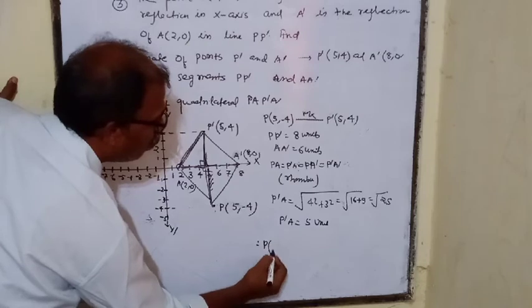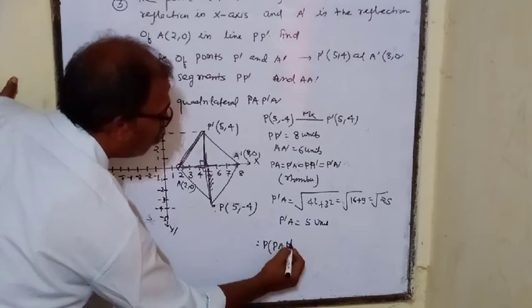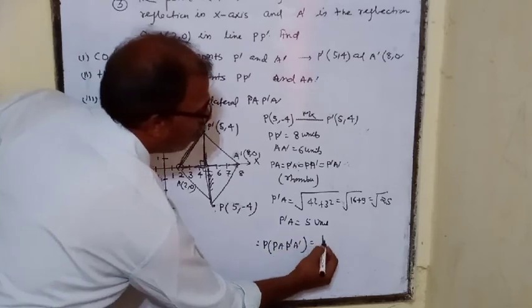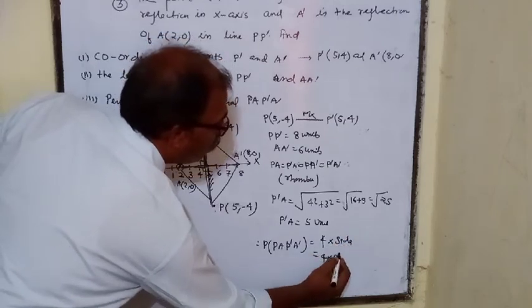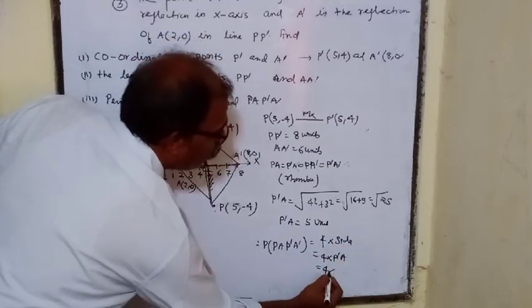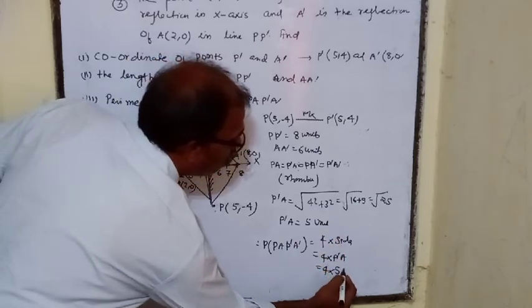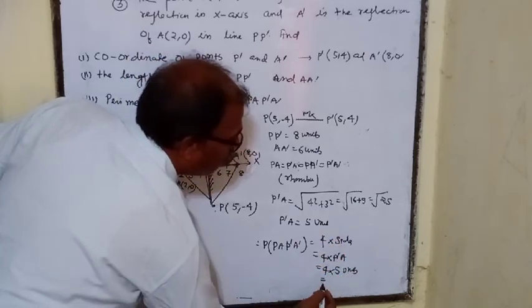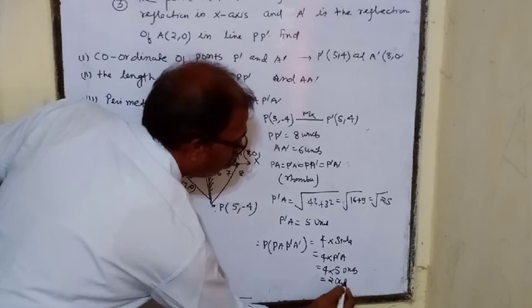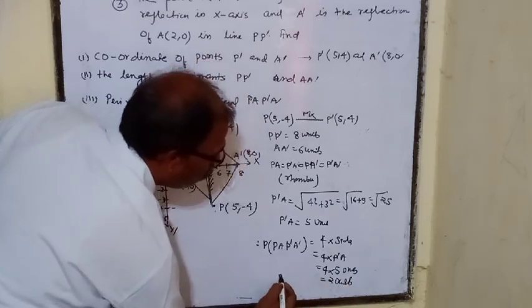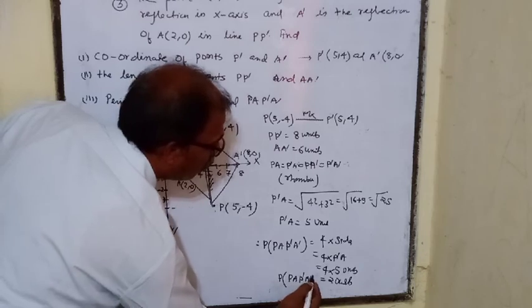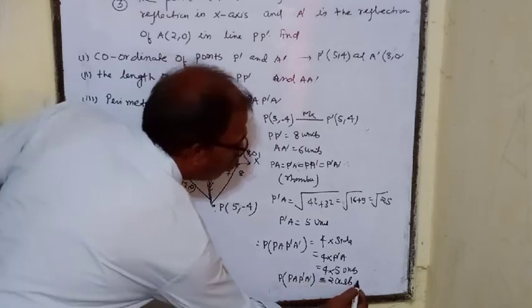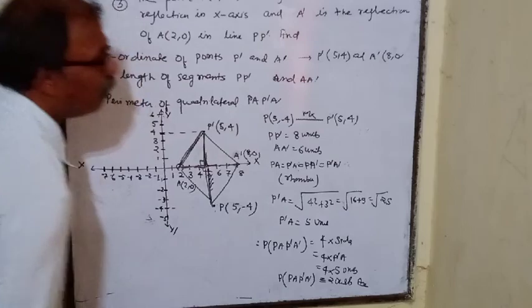Hence the perimeter of PAP dash A dash equals 4 into the side, that is 4 into 5 units, and your answer will come out as 20 units. So we can say that the perimeter of quadrilateral PAP dash A dash is equal to 20 units. This will be your answer.